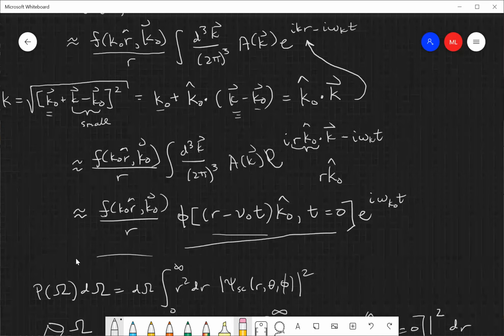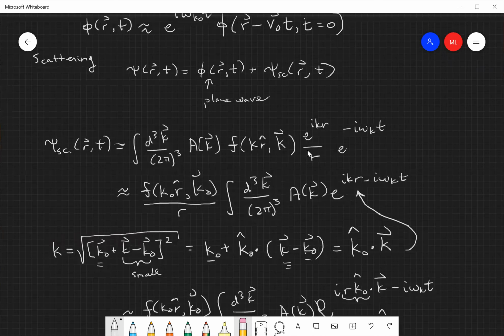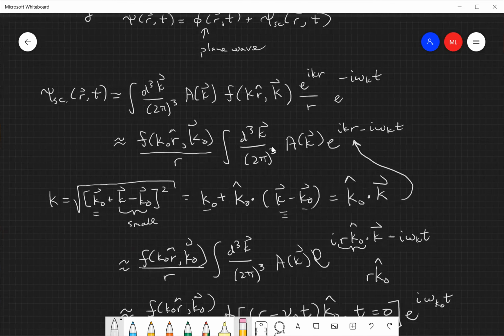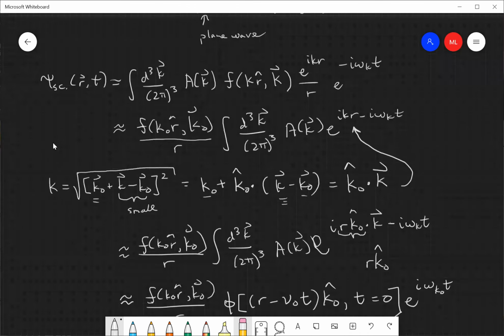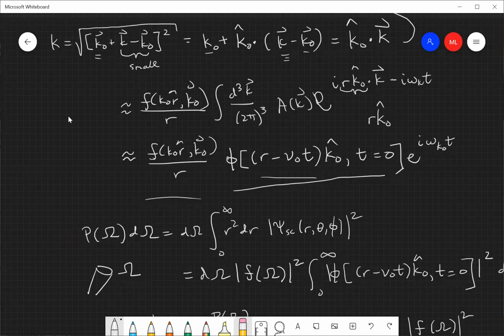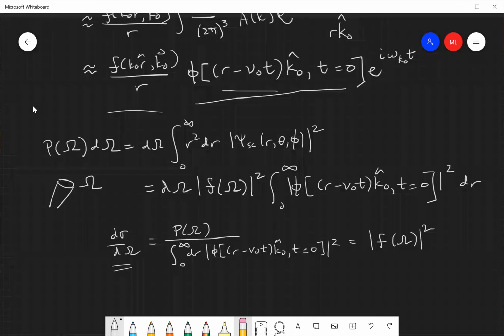So even if you go through the trouble of putting all your incoming particles in wave packets, under fairly general conditions, namely that your wave packets are narrowly distributed around a particular incoming momentum, then all of the formalism we developed for scattering still holds.